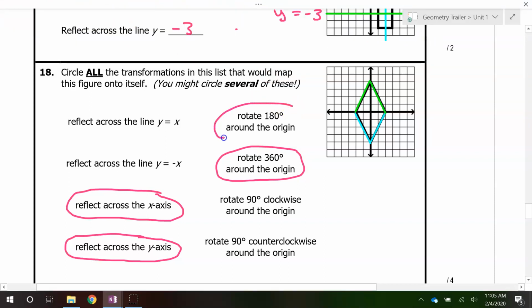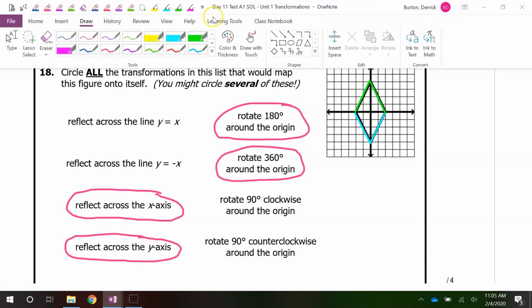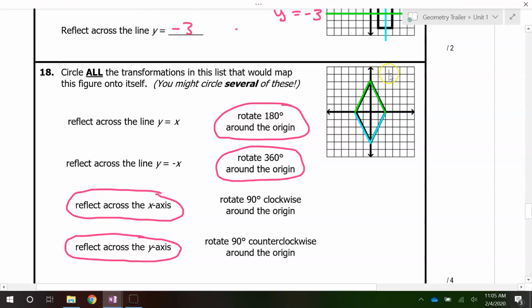So that should be circled. But not 90 degrees clockwise. What about 90 degrees counterclockwise? What if I did this right here? All right, well, I think it's going to be obvious to you that that will not work. But I can show it.